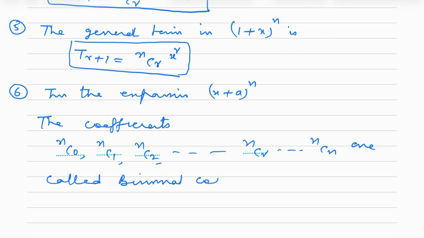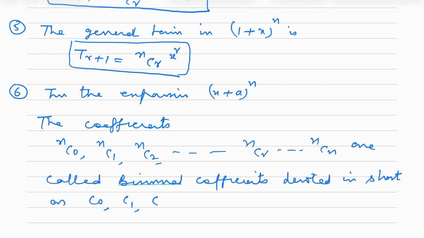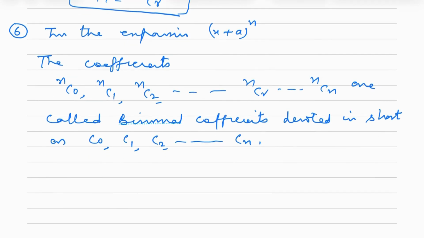They are called binomial coefficients, denoted in short as C0, C1, C2, and so on up to Cn.